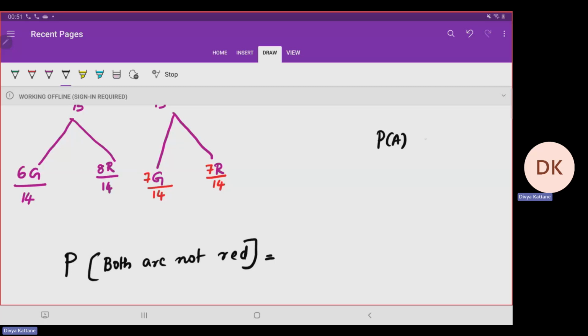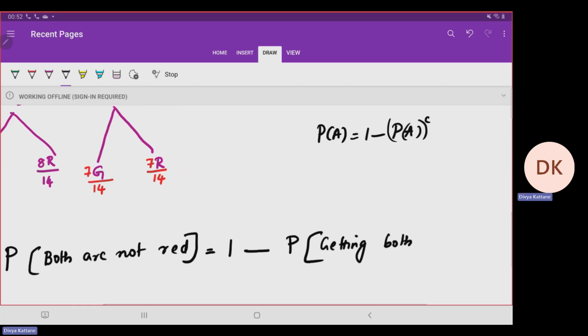Complement result says that P of A equals 1 minus P of A complement. Not getting both red is the same as 1 minus probability of getting both red. Not getting both red is the same as total probability 1 minus probability of getting the opposite, probability of getting both red.